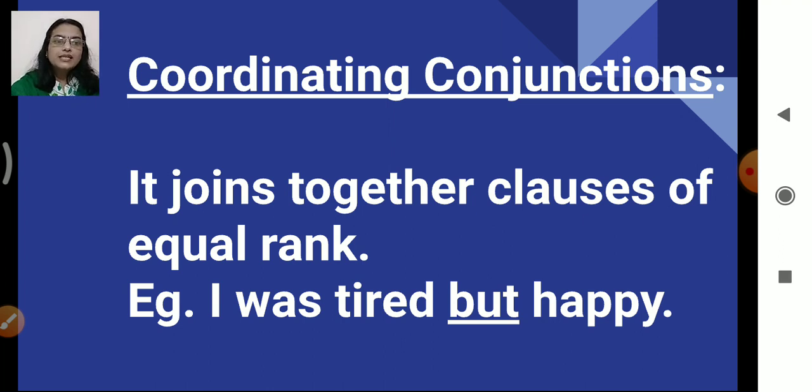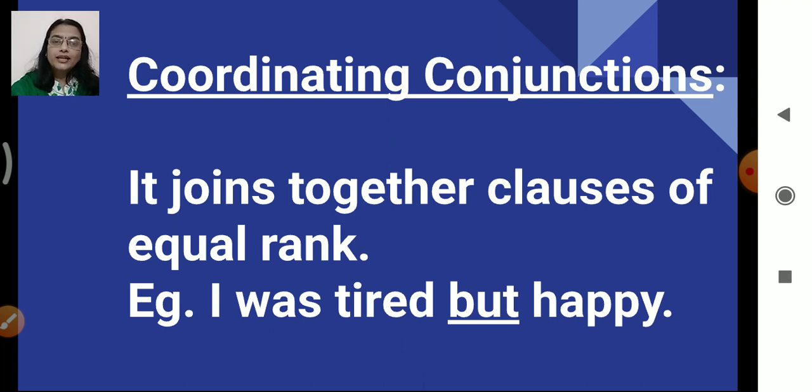Equal rank here means they are grammatically equal, similar, or same. So here you can see in the example, I was tired but happy. So tired and happy, they are similar. How are they joined? By using the conjunction but. So coordinating conjunctions, what is their work?